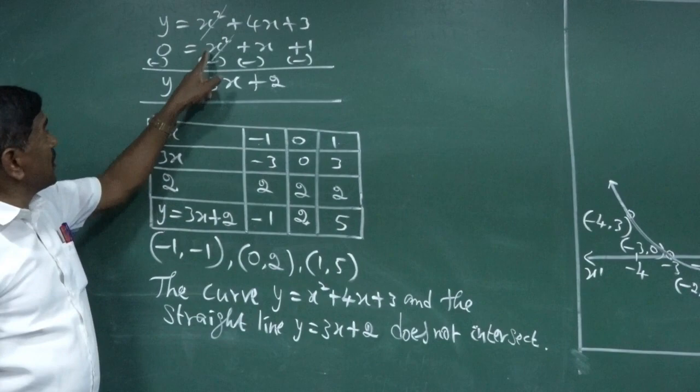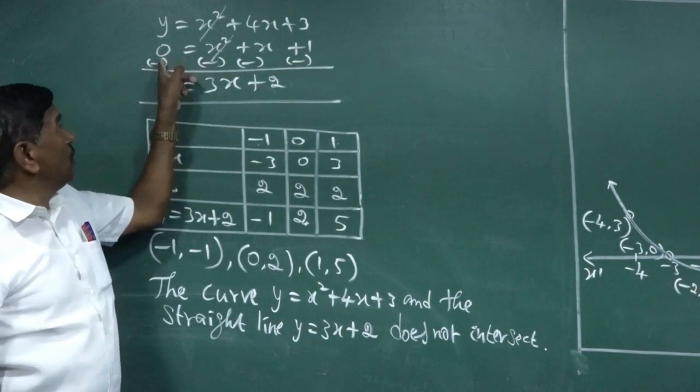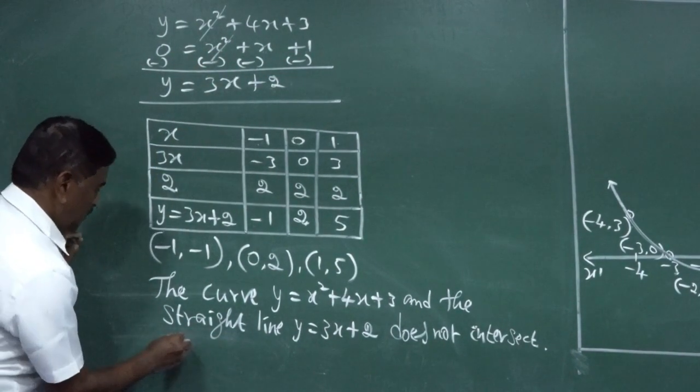Therefore, the equation x square plus x plus 1 equal to 0 has no real roots.